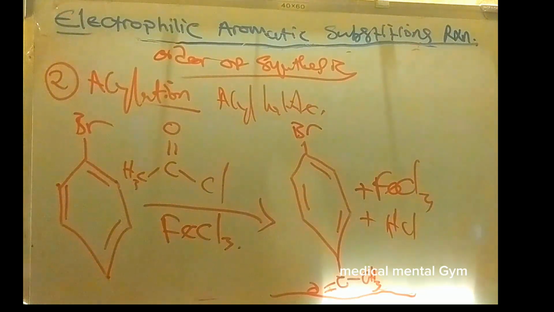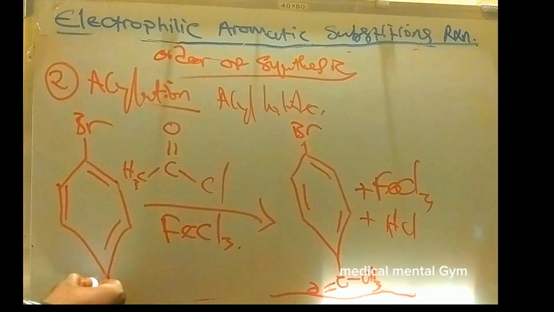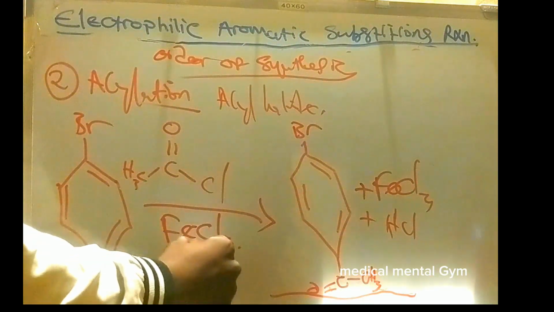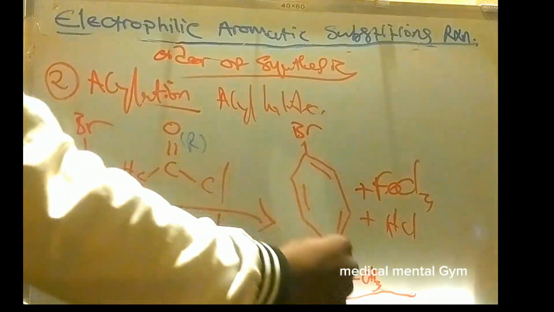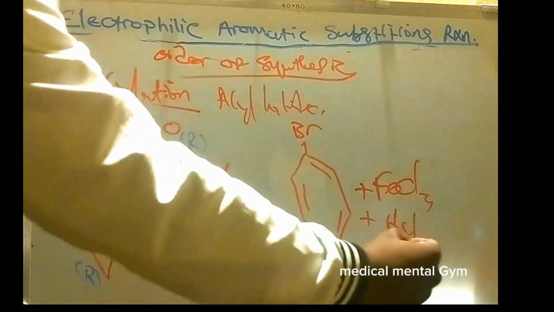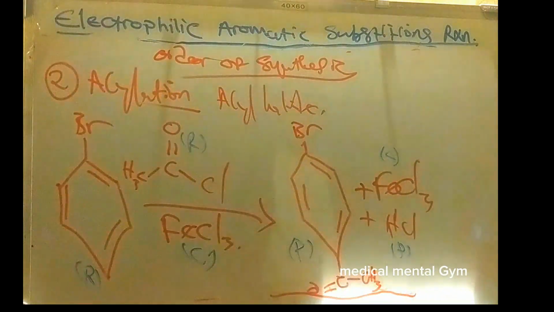Alright, so with these points in check, we'll understand the order of synthesis of this reaction, and let us not forget to label each reactant with an R, catalyst with a C, product with a P, and another product with a P, catalyst with a C. Okay, like that we have indicated.